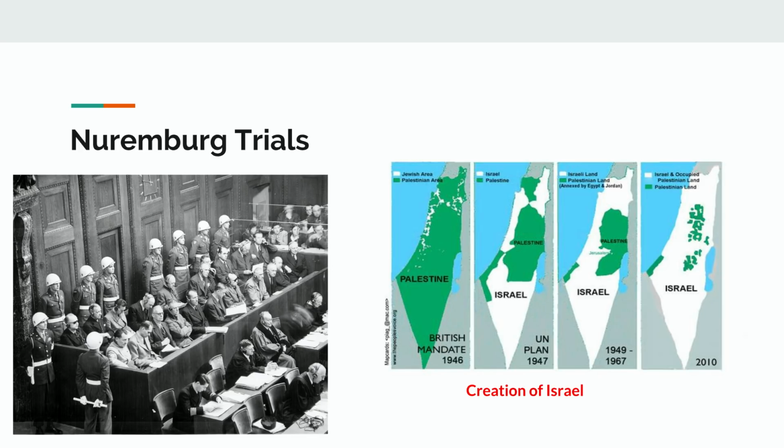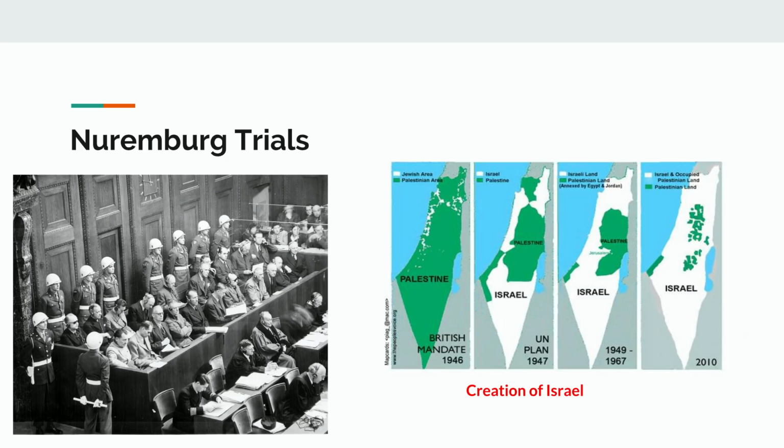The final thing here is the creation of Israel. Many felt really bad for what had happened to the Jewish people during World War II. And one of those organizations that felt really bad about it, as well as the United States and some of the other Western countries, was the United Nations.